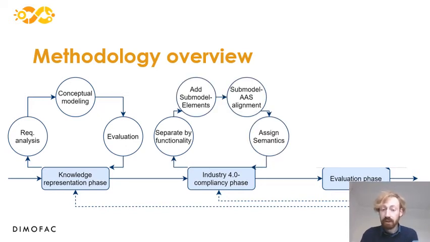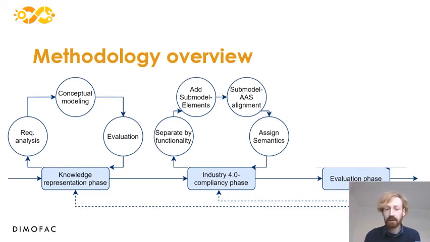In the Industry 4.0 compliancy phase, we identify four steps that are specific to the AAS technology. So, separation by functionality, adding the specific submodel elements, aligning the submodels with the AASs, and assigning semantics.